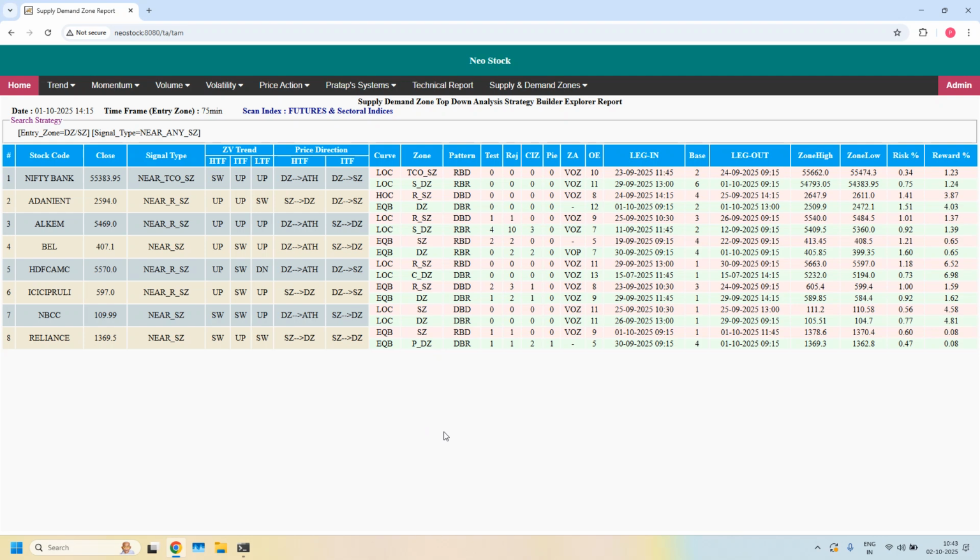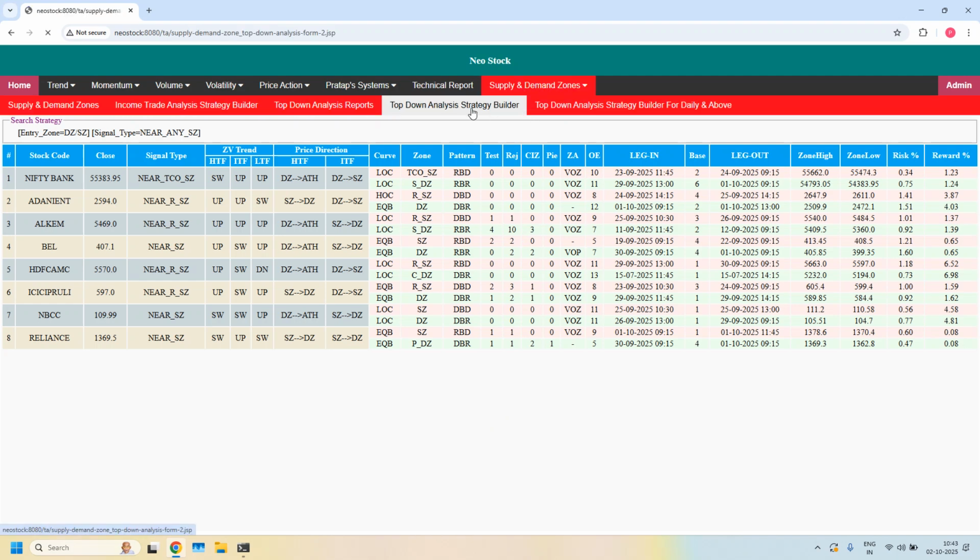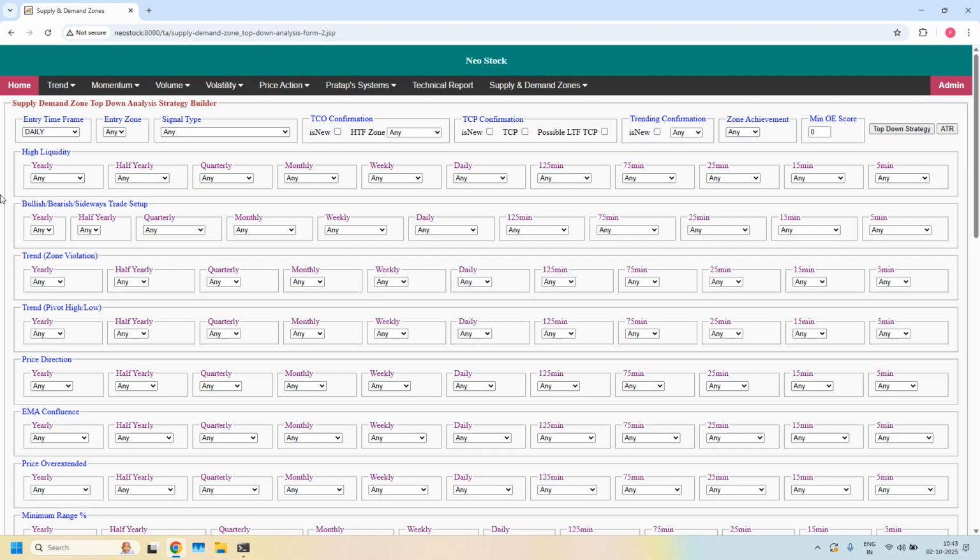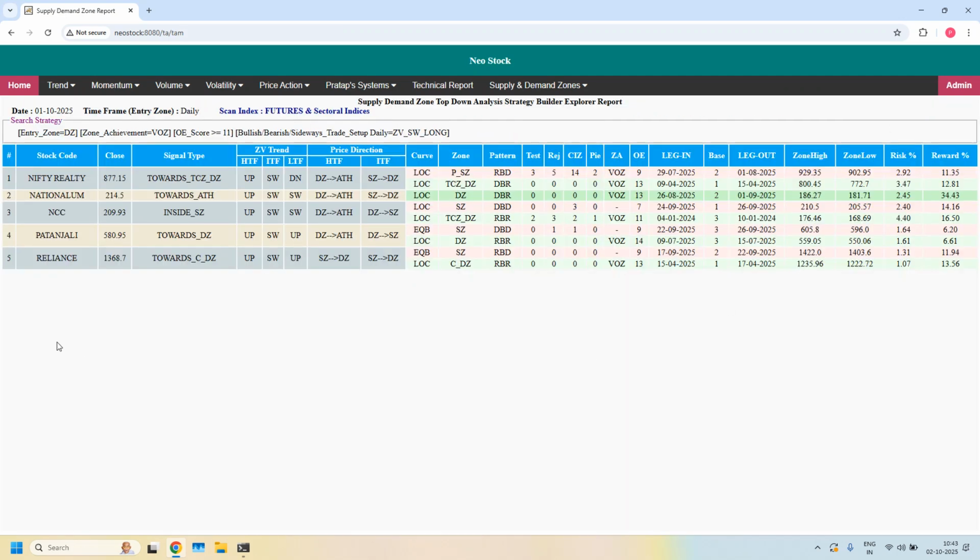Next, I will generate sideways, bullish and bearish trade setups for monthly, weekly and daily income trades. Starting with monthly income trade, sideways long trade setup, entry time frame daily, entry zone, demand zone. So here daily I am selecting sideways long, zone achievement VOZ, violated opposing zone. Minimum odd enhanced score 11 for sideways. We got 5 stocks.